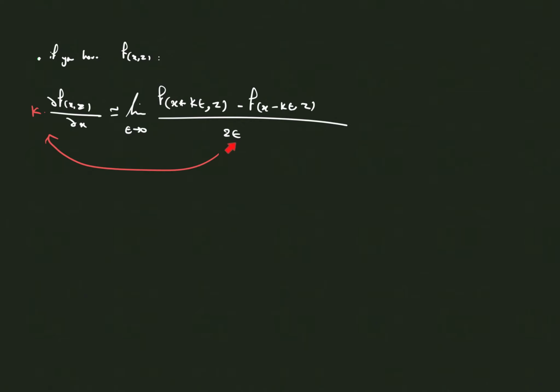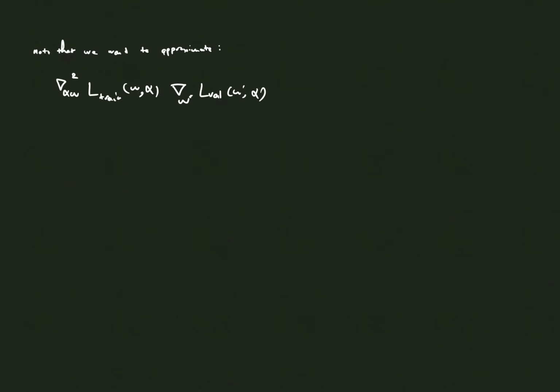Now you can take this k from the denominator back to here, so k times this derivative would be approximately equal to this formula. And this is what we can use in the finite difference approximation to do certain simplifications.